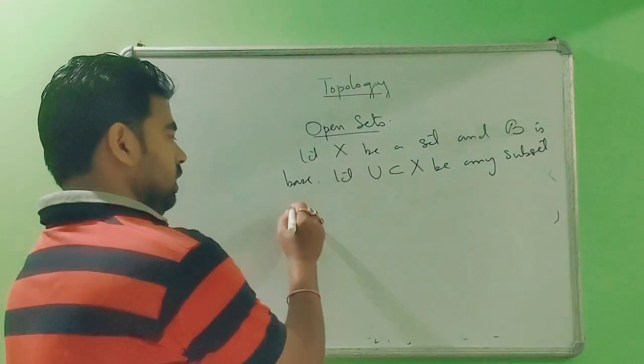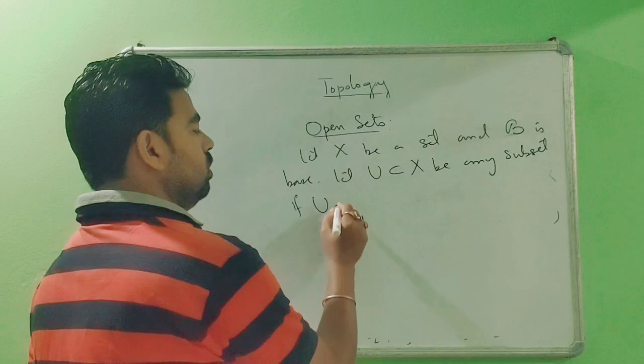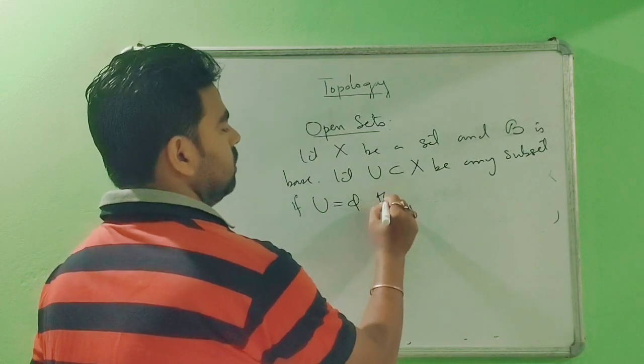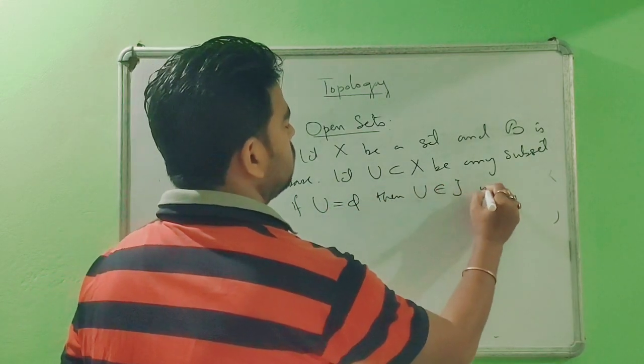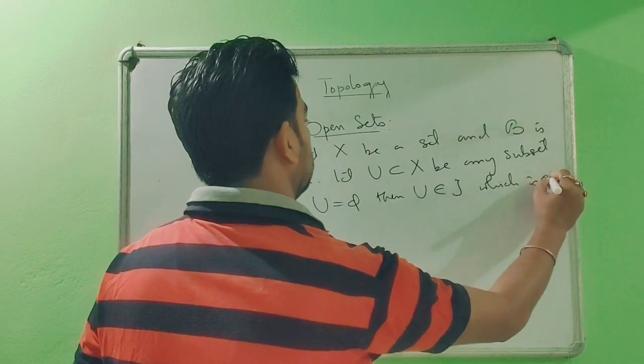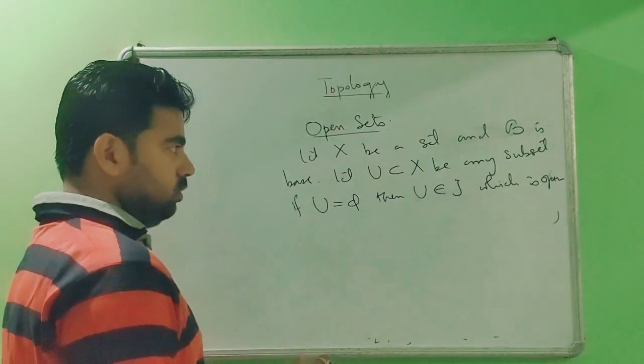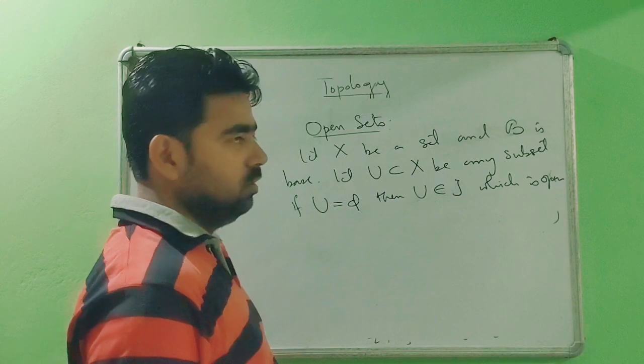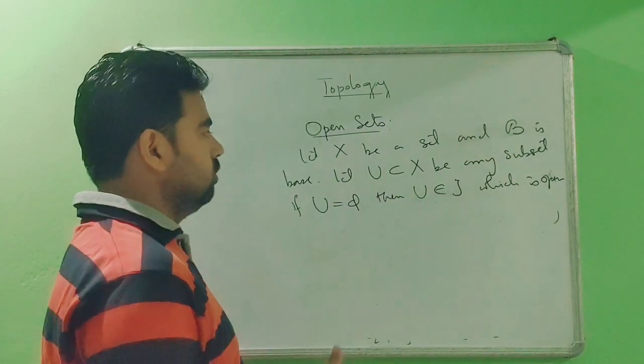If U equals the empty set, then U belongs to tau, which is open, because the empty set is a member of tau, so there is no question of asking whether it's open or not.